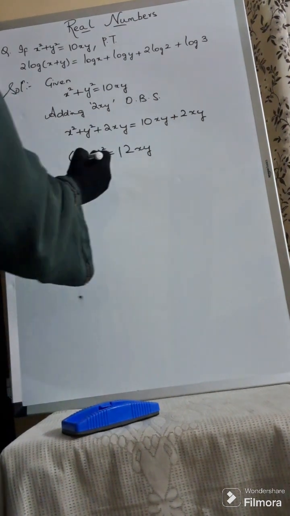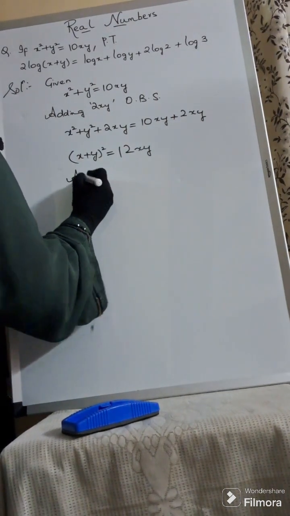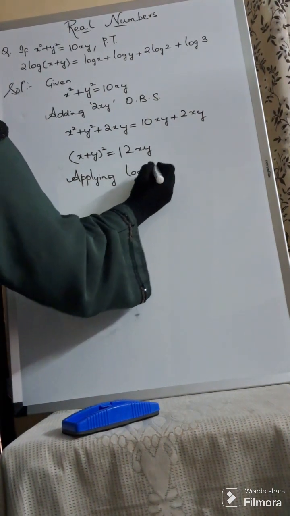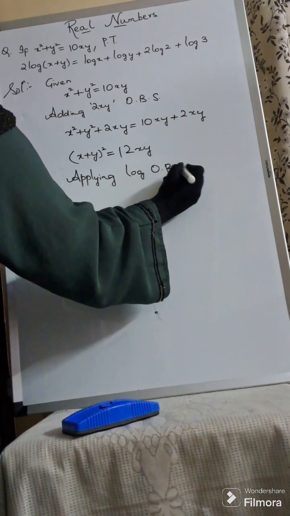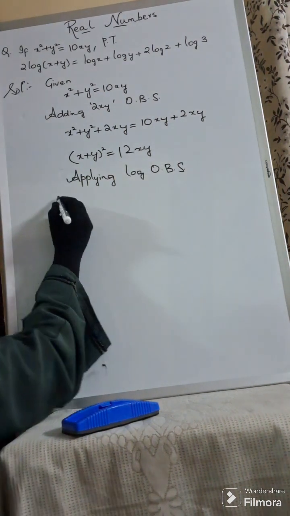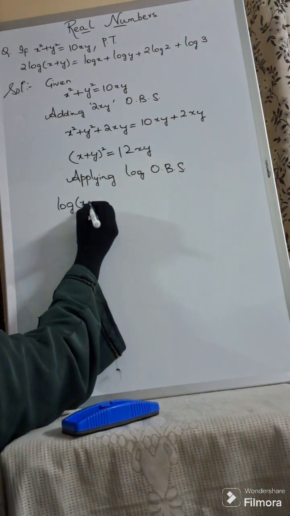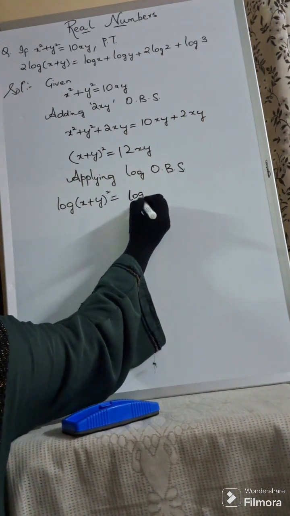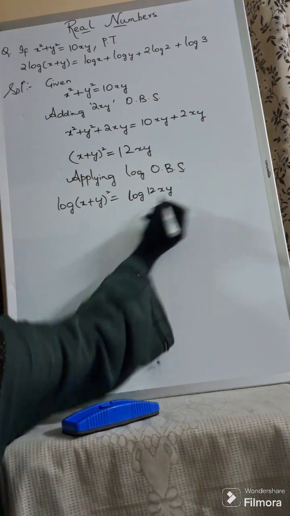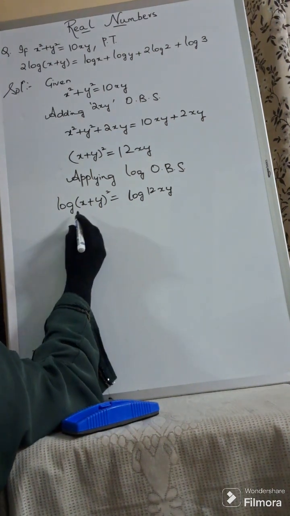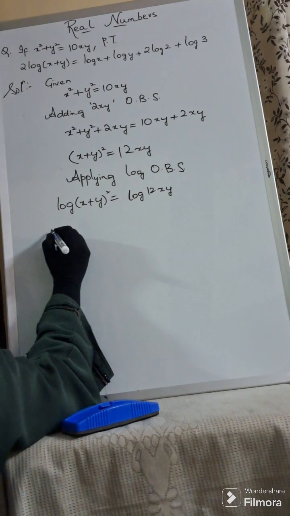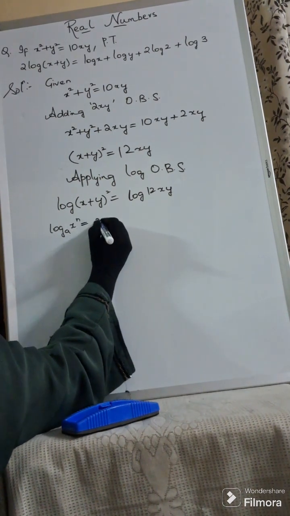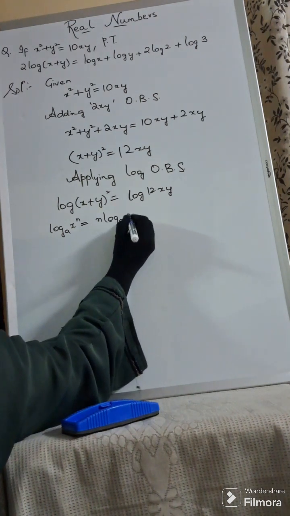Now I am applying log on both sides. Log of (x plus y) whole square is equal to log of 12xy. Here the formula log a of x power n is equal to n log a of x.